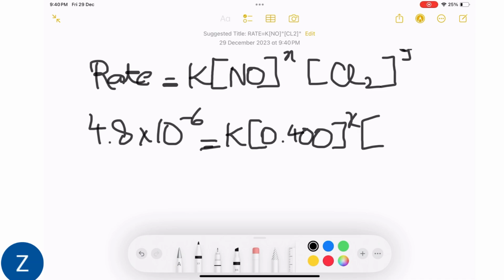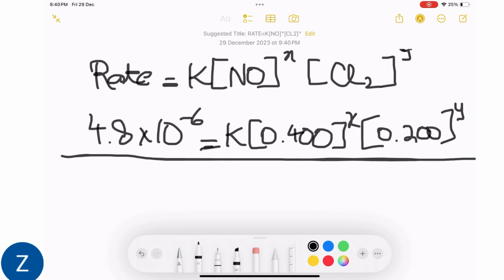And then I'm going to divide that by my trial 1. These are the trials that I chose to figure out NO's entire equation. And then I divided that by trial 1, 1.2 times 10 to the power of -6 is equal to K and all that. Now I'm canceling out all of the things that can be canceled out.